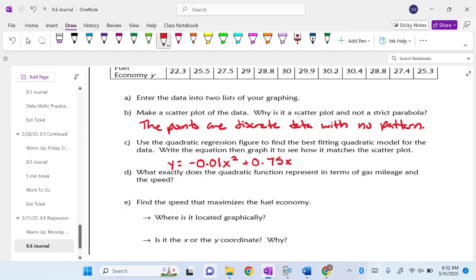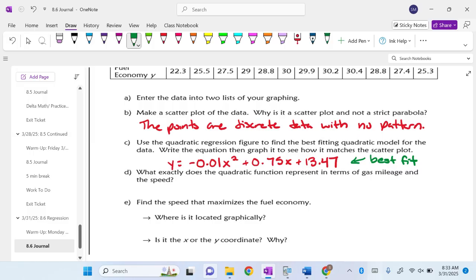And then what's my c value? Say that one more time. 13.47. So plus 13.47. So this represents my line of best fit. This best describes my data.